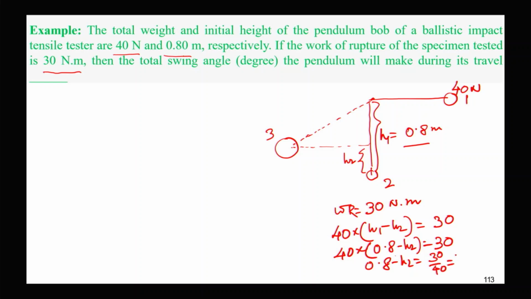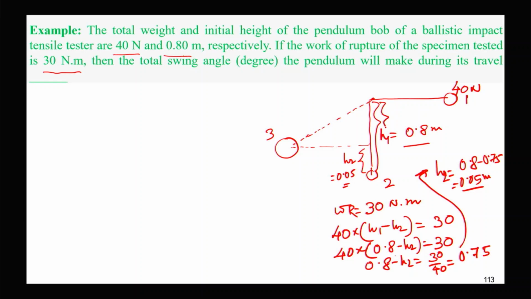It will become 0.75. Okay. Now from here we can calculate H2 will be 0.8 minus 0.75. It will be 0.05 meter. So H2 will be 0.05 meter.